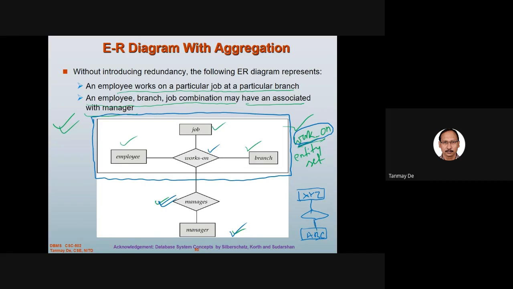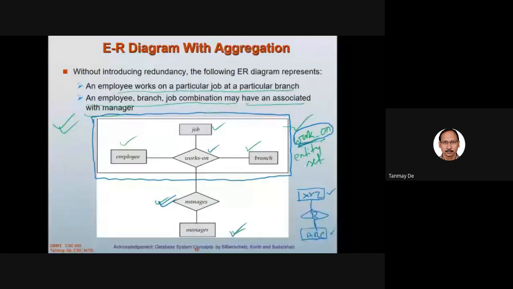This relationship associates the XYZ entity set and the ABC entity set. Any number of XYZ entities may be associated with any number of ABC entities. Any number includes 0 also. Is it not? Yes or no? Any number means 0 to n.